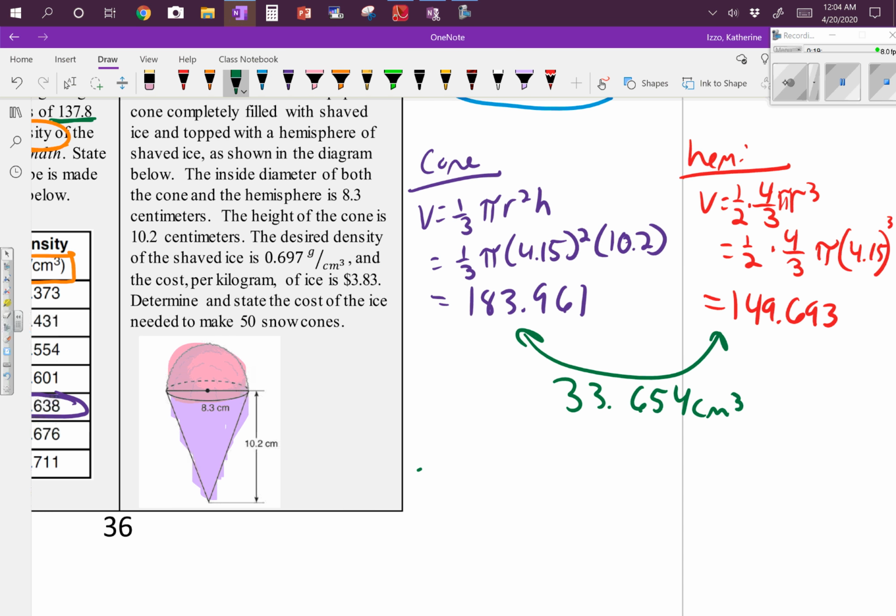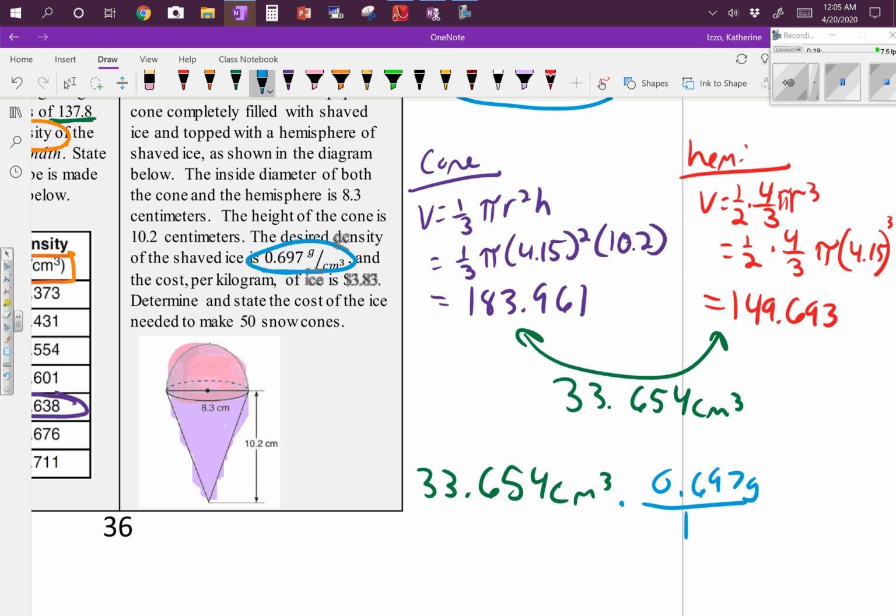So we do 333.654 centimeters cubed, and we've got this conversion right there. So that's 0.697 grams over 1 centimeter cubed. Awesome.